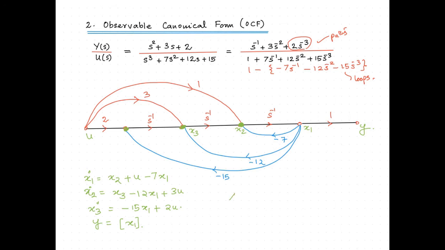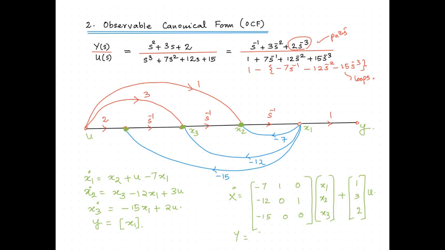So I can write x dot as [minus 7, 1, 0; minus 12, 0, 1; minus 15, 0, 0] into [x1, x2, x3] plus [1, 3, 2] into u. Y is equal to [1, 0, 0] into x.